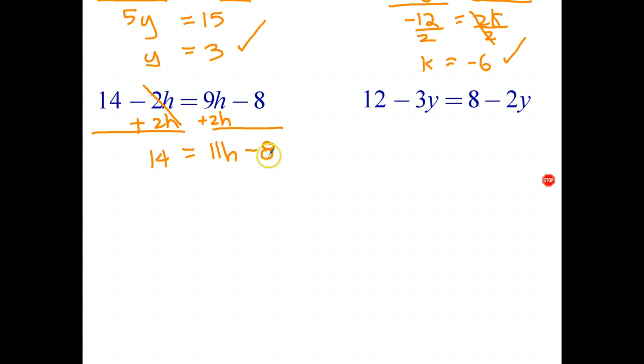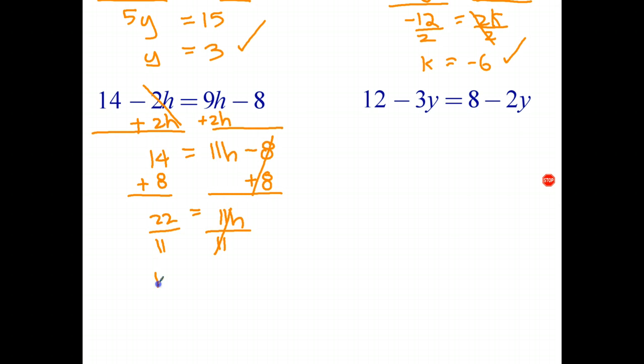Take 8. Now we're down to a standard two-step equation. Add 8 to both sides. And that leaves me with 11h on that side and 22 on that side. Divide both sides by 11.